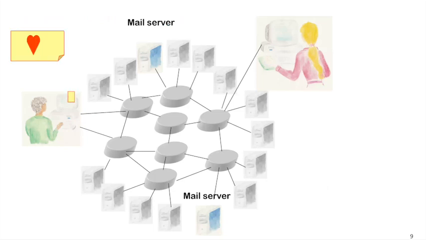So here's an example where I'm sending a mail to someone, and you see that the mail is perhaps containing a big image that is broken into packets. Here I'm showing client and server at the periphery, and the boxes in the middle are routers. If I'm sending a mail, I'm sending it to my mail server. The mail server will eventually send it to another mail server, the mail server of the recipient.